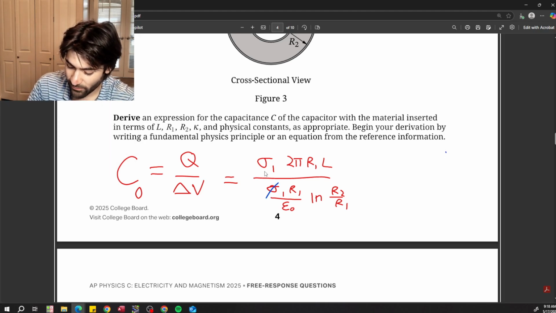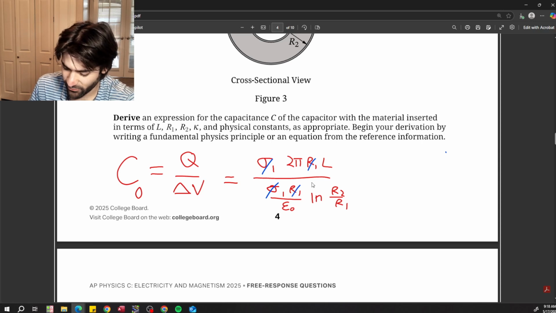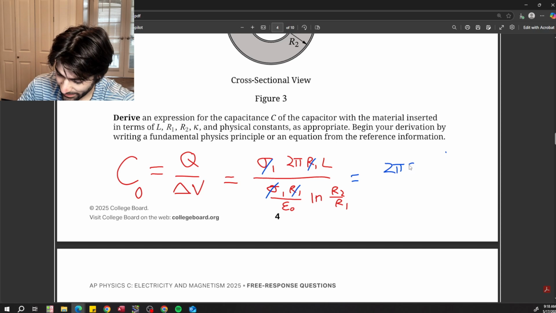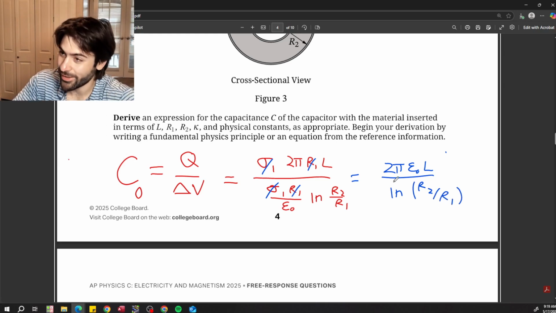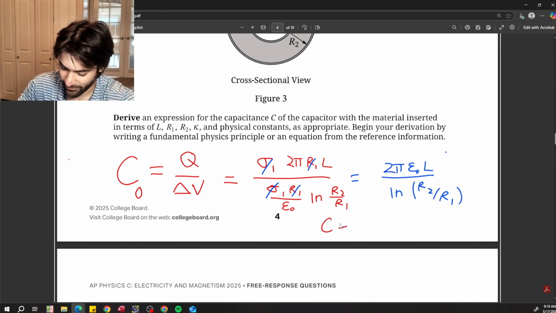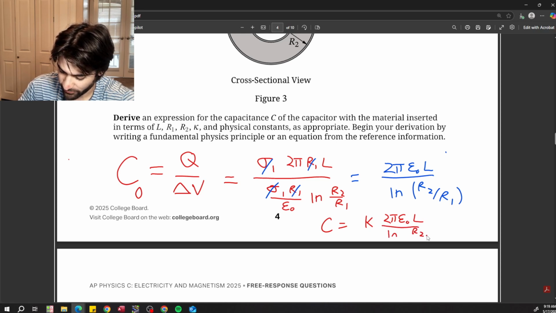That will allow the sigma 1s to cancel, the R1s to cancel, and that leaves 2 pi epsilon naught L over the natural log of R2 over R1. Oh, and remember, that's going to be our capacitance when we don't have the dielectric in. So we have to multiply by K to get the final answer. So the full capacitance will be K times 2 pi epsilon naught L over ln R2 over R1.